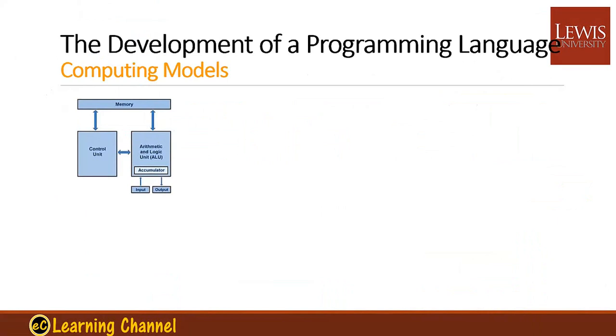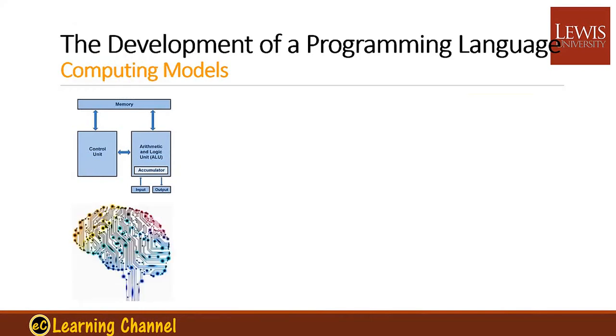Computing model, you have this memory, control unit, ALU type model. This is called the von Neumann machine. And I told you von Neumann is the first person who put the memory into the processor. So we honor him by his name, okay? And then we have neural network.